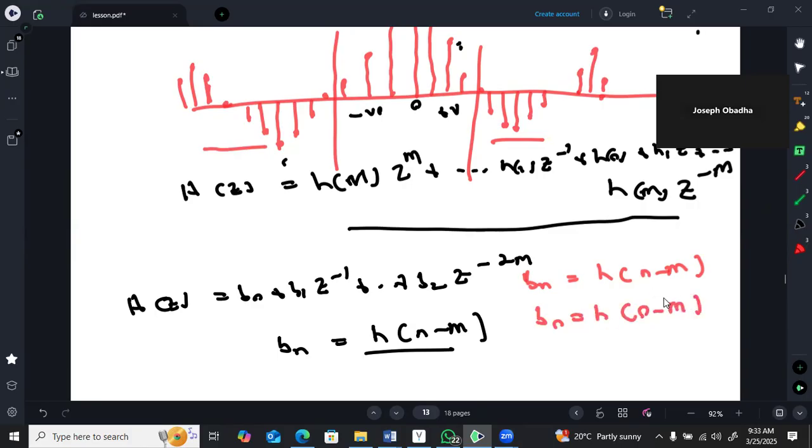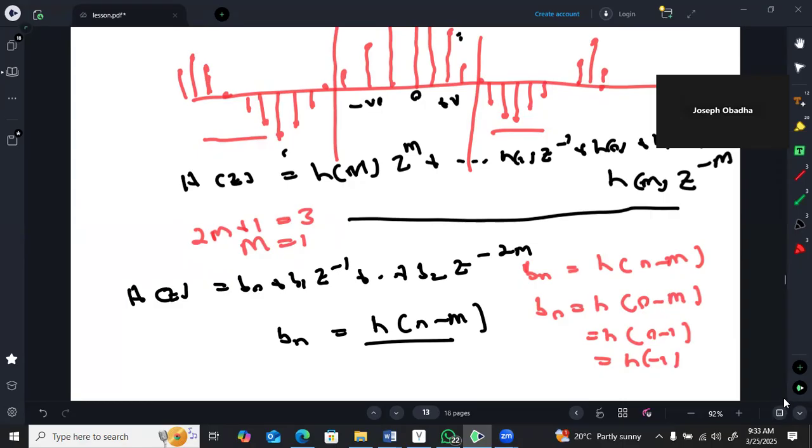Remember, m is 1, because we had the filter coefficients 2m plus 1 equal to 3. If you solve for this, m equal to 1. So we have b naught equal to h of 0 minus 1 equal to h minus 1.